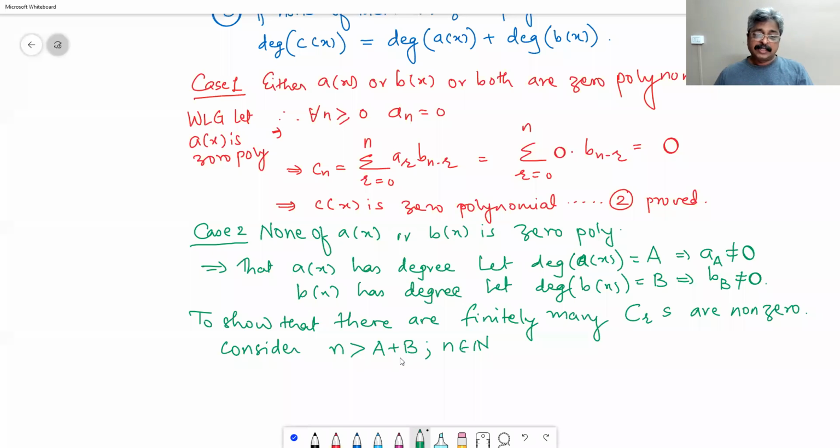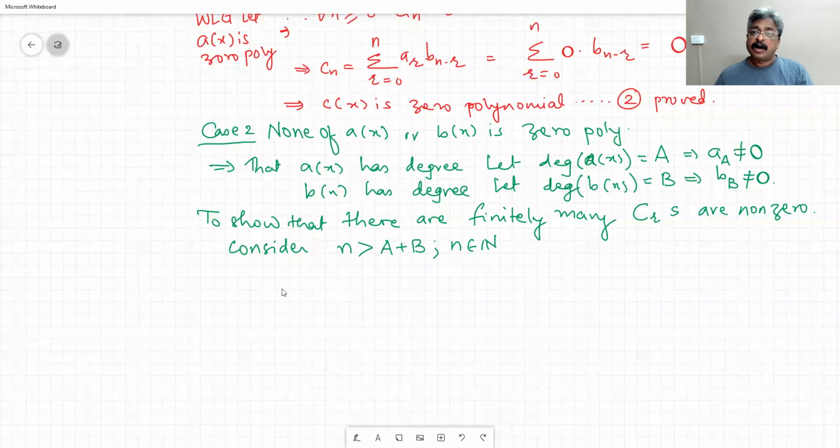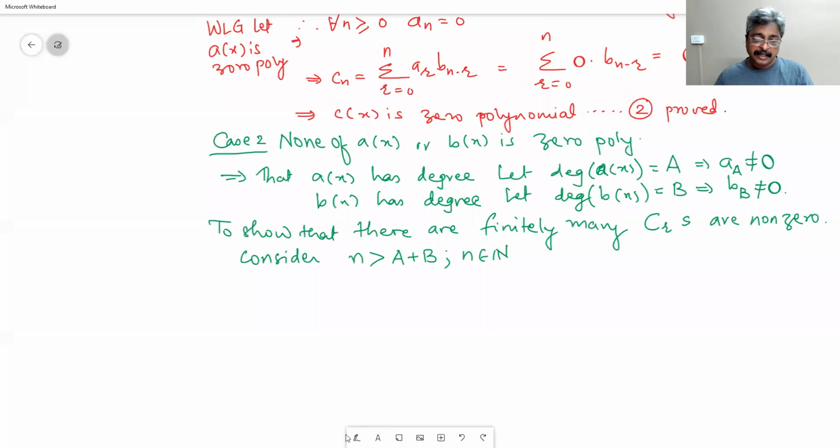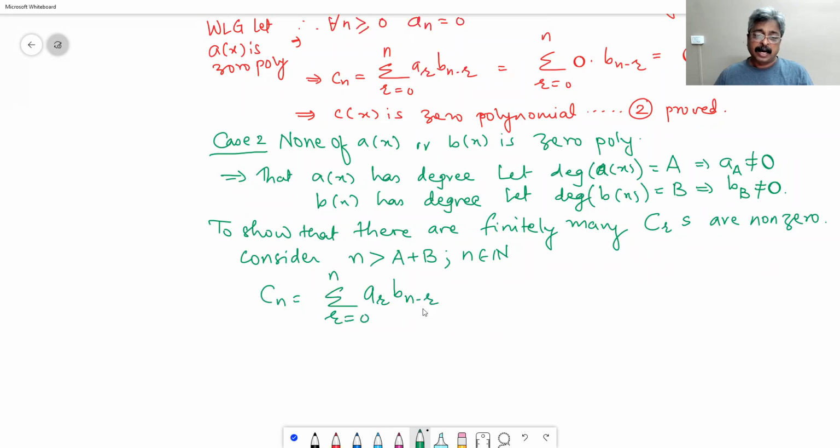So n is greater than A plus B. If n is greater than A plus B, how will c_n look like? By definition, c_n looks like the sum over r from 0 to n of a_r b_(n-r).